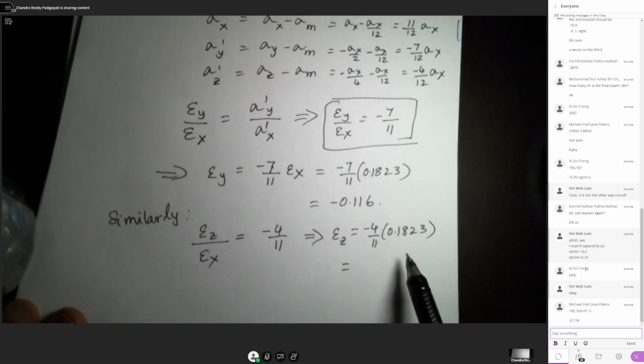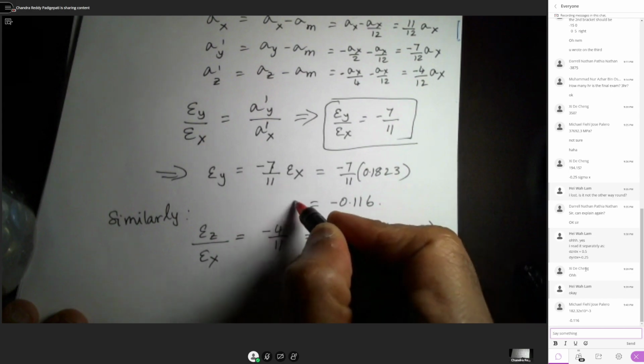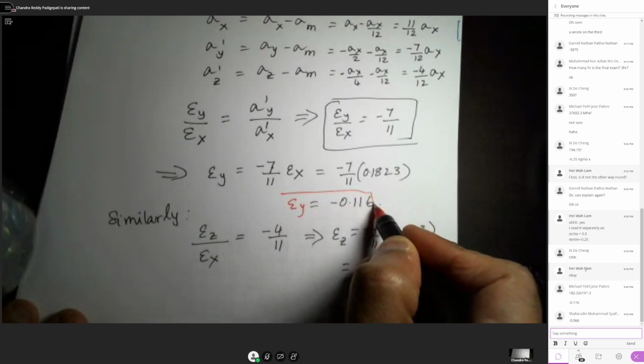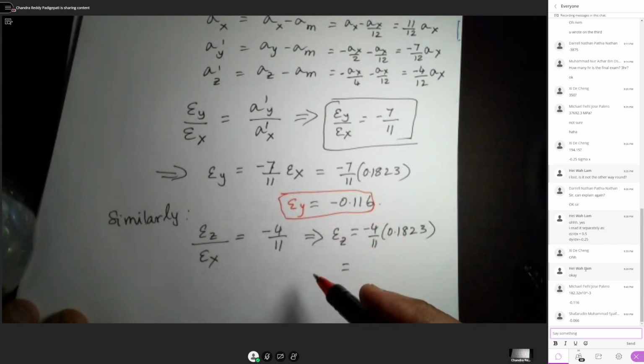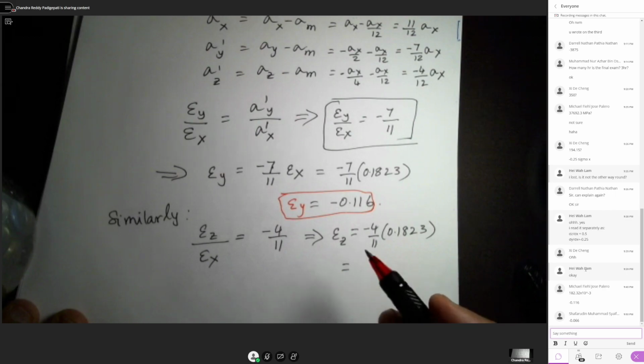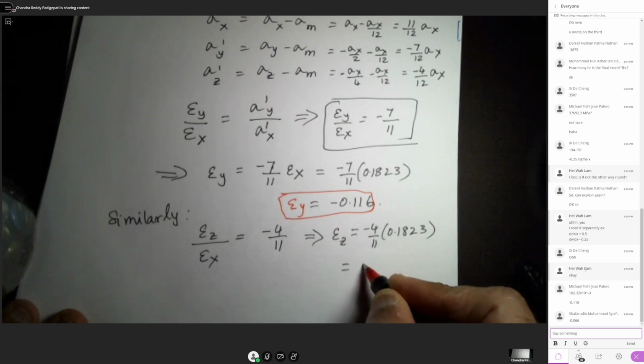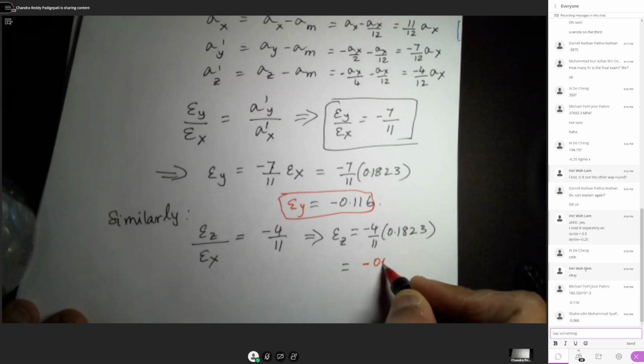So any answer here? Negative 0.066, that's correct.